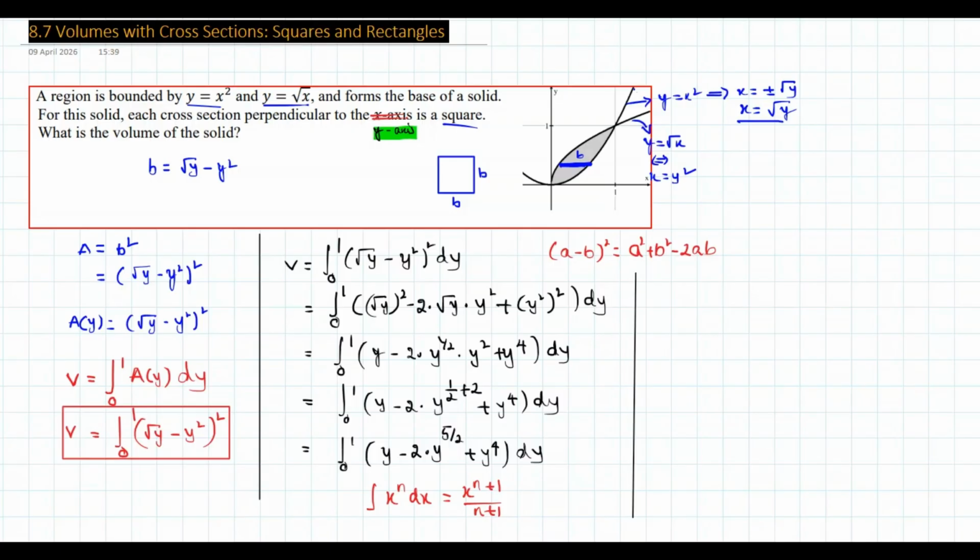So now let's evaluate this one. Apply the formula.